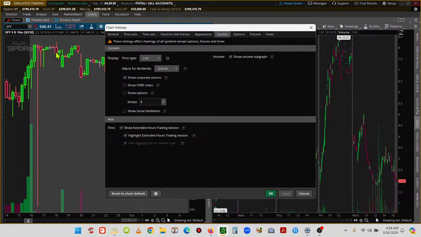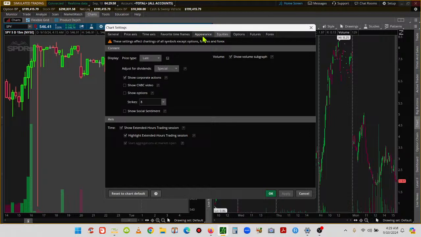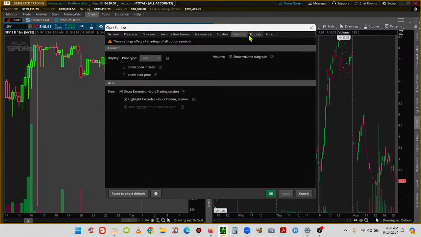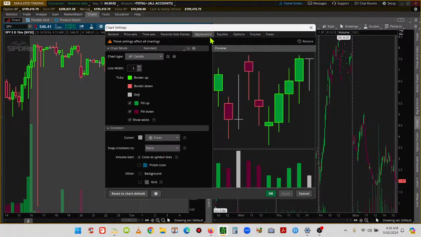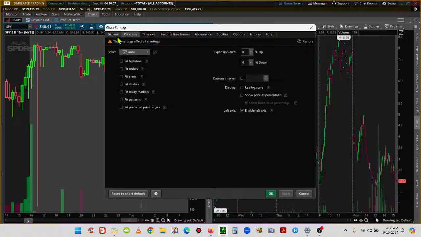Okay, red for down, green for up, and light red on the outside of the candle and light green on the outside of the candle for the bull candles. Volume for equities, volume for options, so it's volume, subgraph, those are checked. Not real complicated. I just have a very basic setup with everything eliminated.